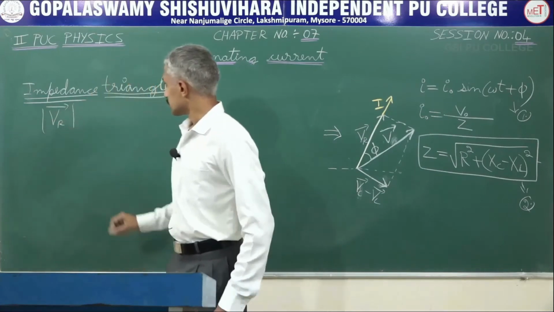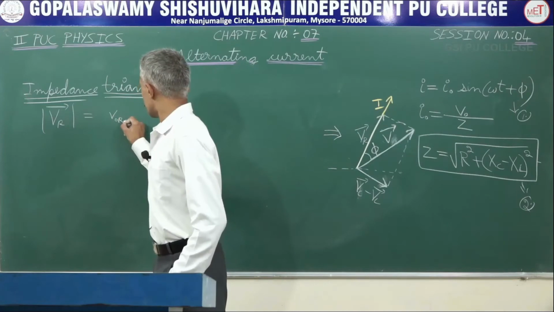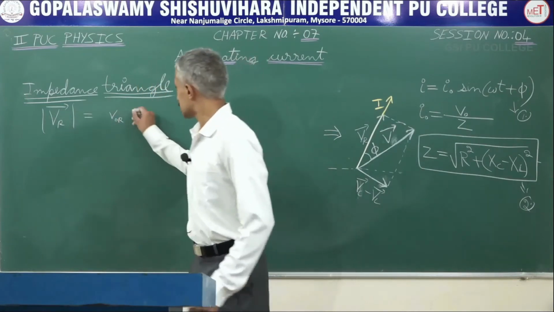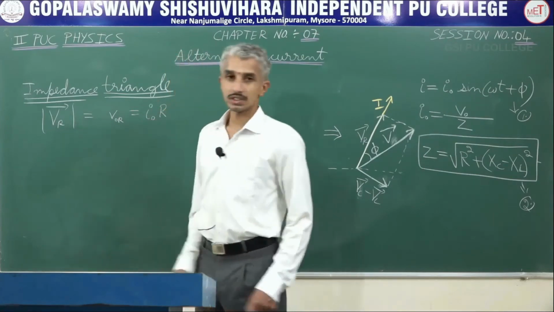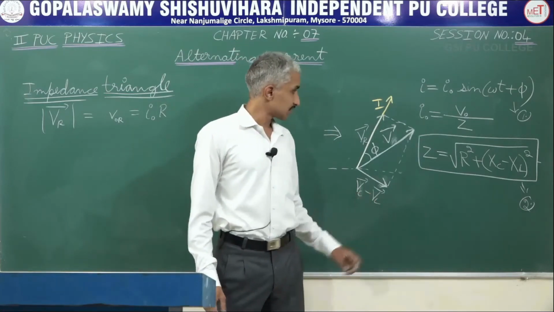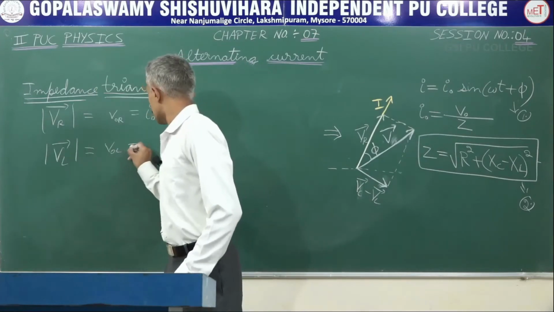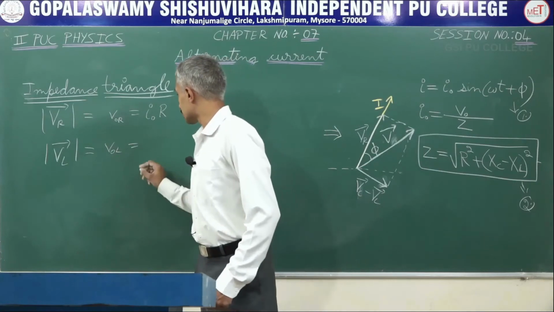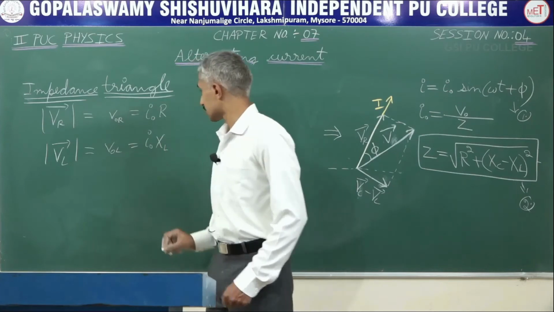Here, the magnitude of the vector VR is given by the peak value across the resistance, which is V naught R, and this can be written as I naught into resistance R. The magnitude for VC and VL similarly can be written. V naught L, the peak value of voltage across the inductor, is given by I naught into XL.